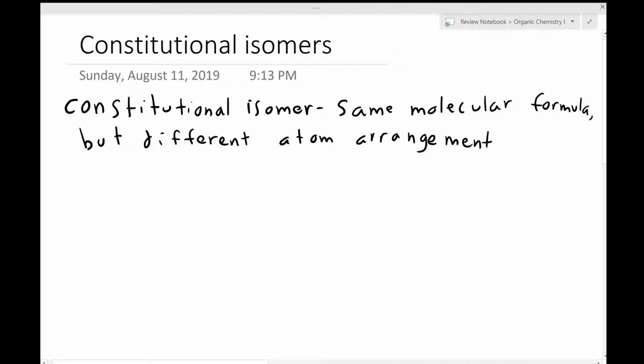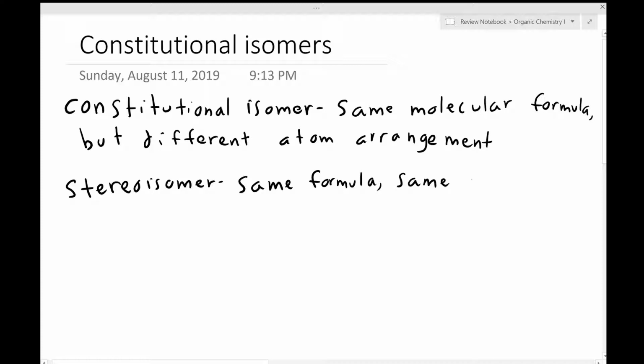Just something to kind of know that we'll get into later is a stereoisomer, which is same formula, same arrangement of atoms, but different spatial arrangement.